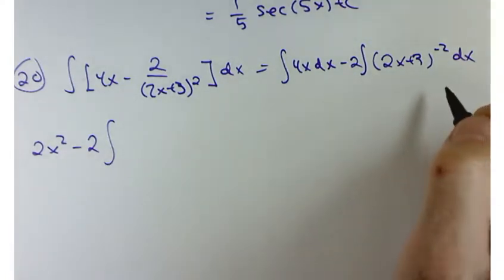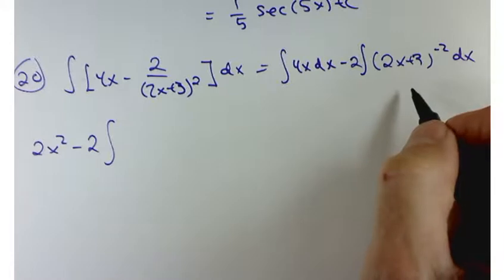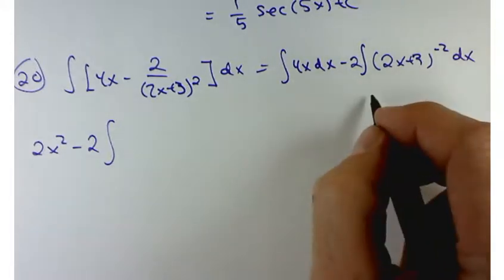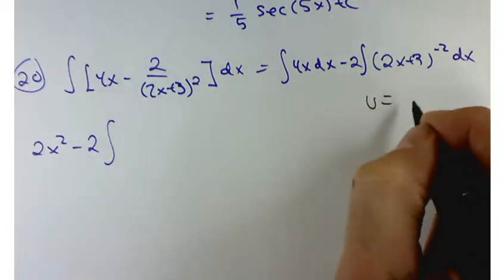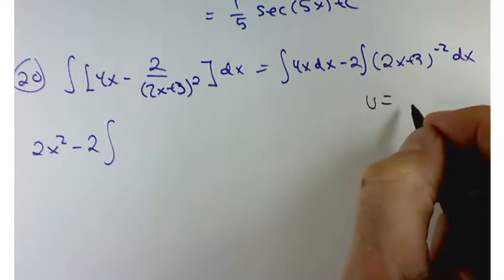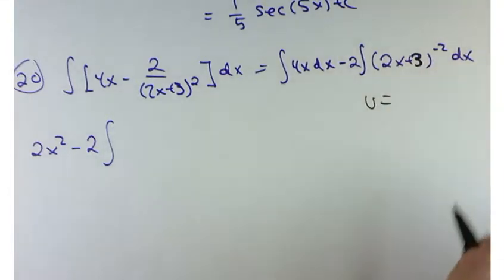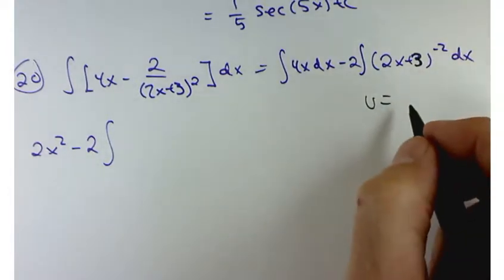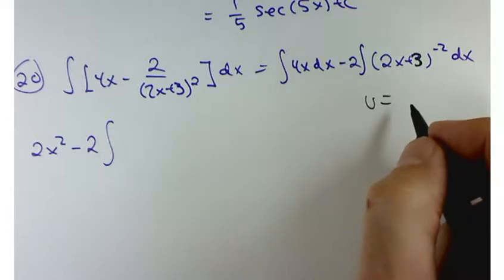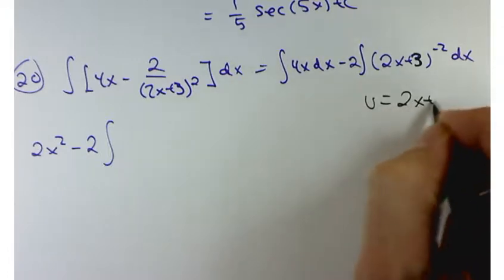Andy, what should we let our U substitution be? U equals, it's a 3 in case it's not clear. Andy, yeah. 2x plus 3.